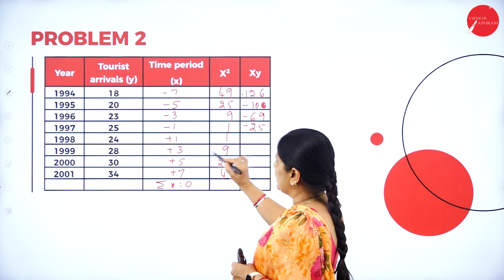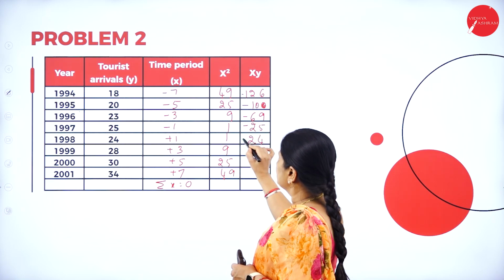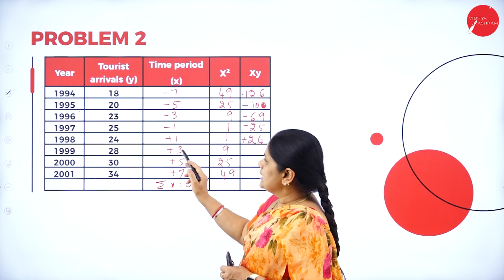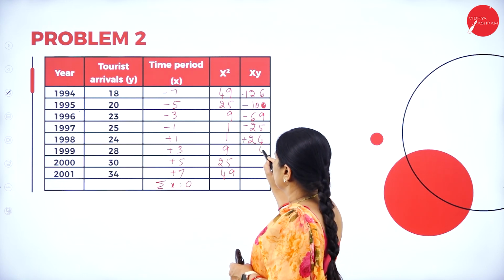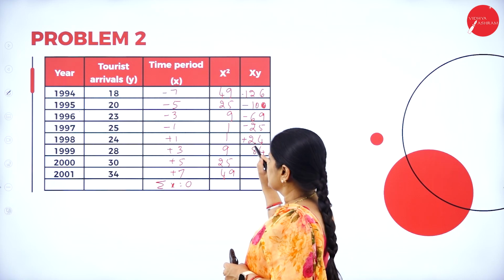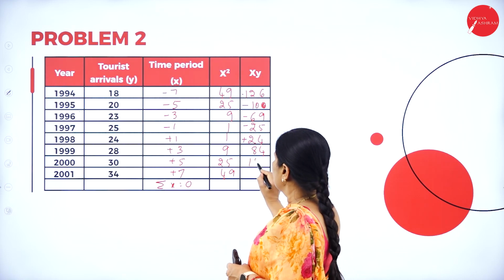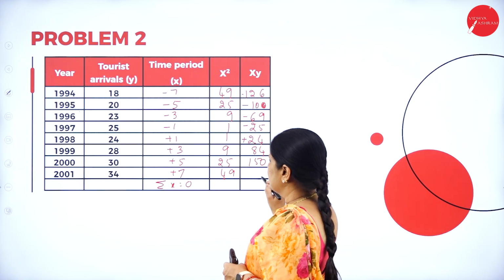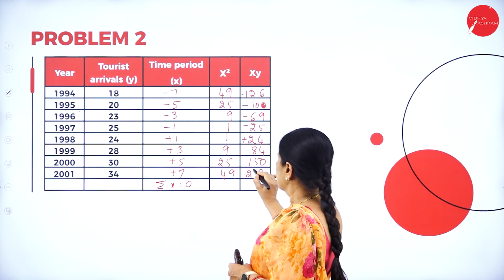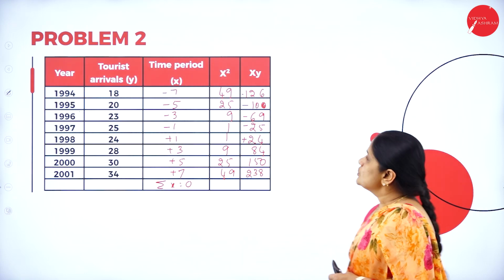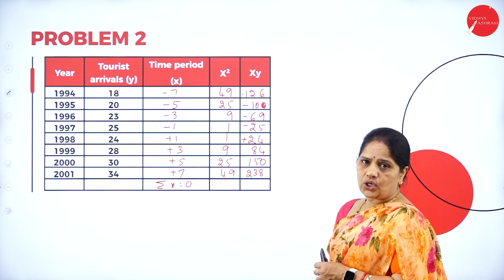Minus 25, plus 24. Then 28 into 3, 3 8s are 24, 84. Then 150. Then 238.